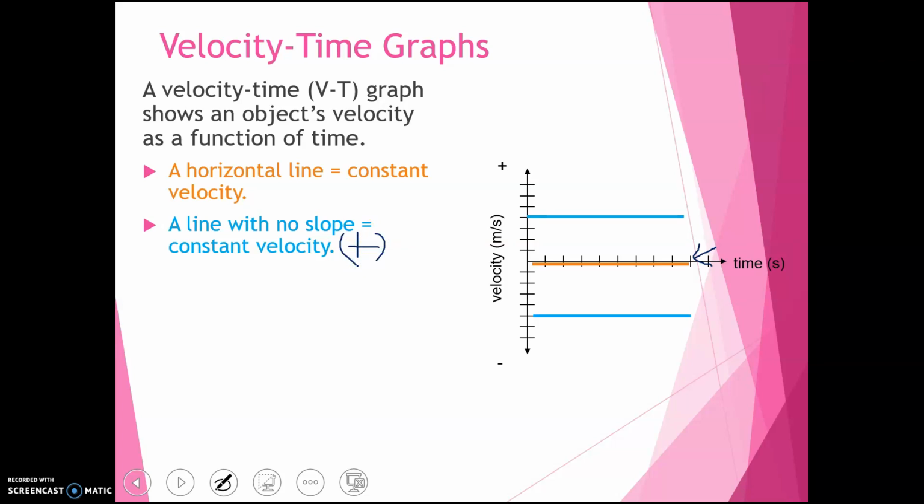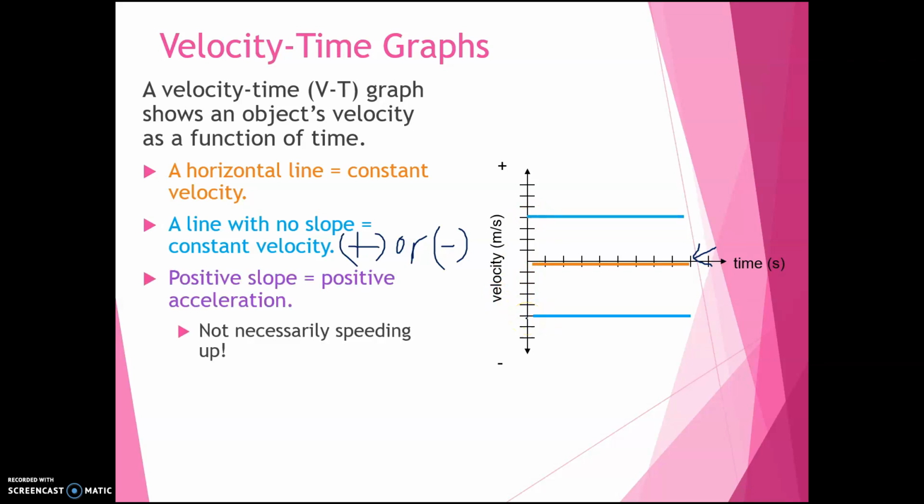It could be also down here. That would be a negative constant velocity. So these horizontal lines just tell you it's a constant velocity. So up here, it would be 1, 2, 3, 4 meters per second to the right. Here it would be 1, 2, 3, 4, 5 meters per second to the left.